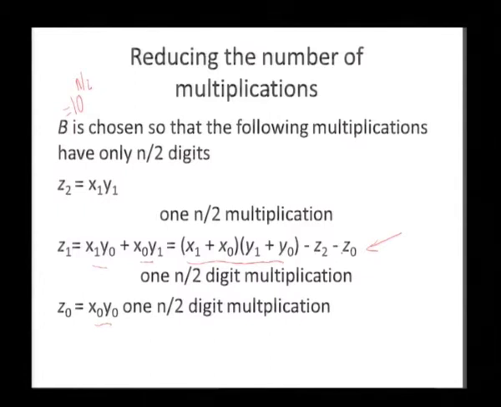So, let us just see this. Z2 is x1 y1, Z0 is x0 multiplied by y0. If you evaluate this and subtract out Z2 and Z0, we get exactly what we want, which is the value of Z1. And now observe that this is a single multiplication operation, and what we are going to see is that all these multiplication operations involve just n by 2 digits.